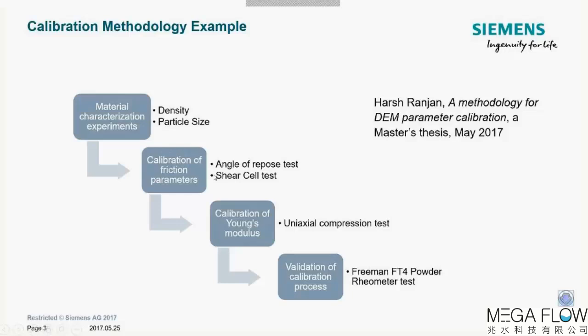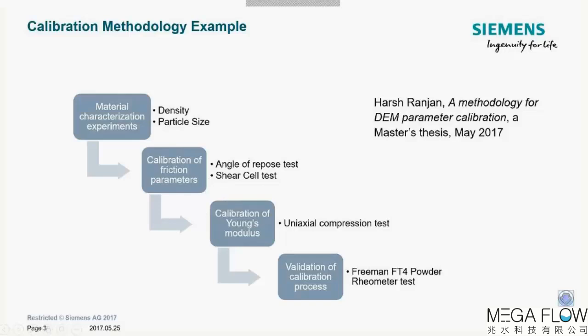And then the next level is to do the calibration of the frictional parameters such as static friction, rolling friction, and so on. And within this suggested method, one should do the lab experiments for the angle of repose test and the shear cell test and simulate them and try to find the input parameters such that the simulation will reproduce as close as possible the experimental results.